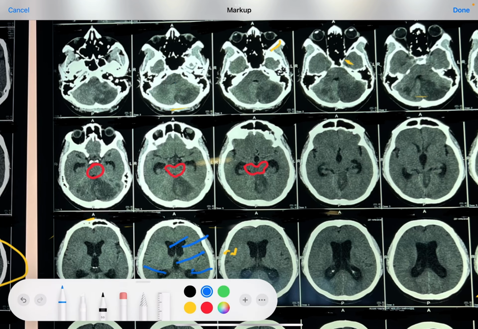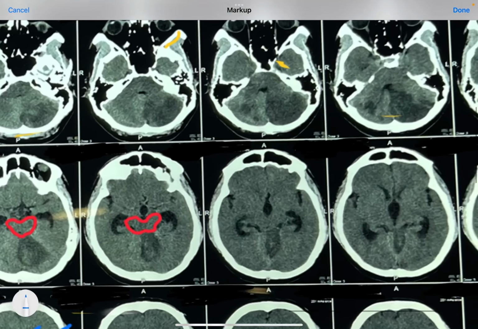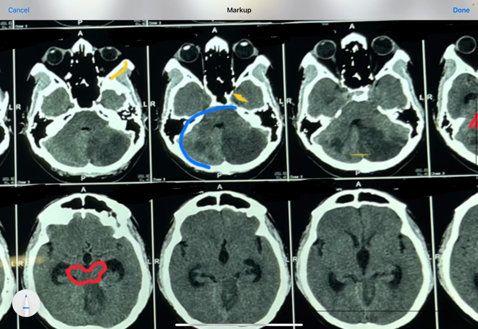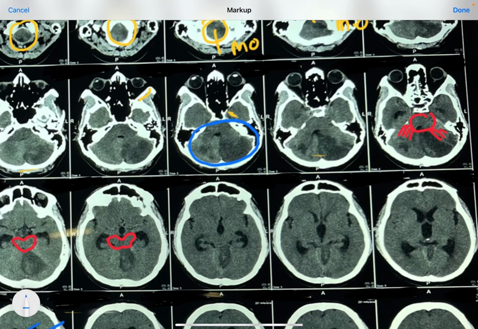In this case, if you look very clearly, this patient has significant hypodensity of the left cerebellar area, as well as multiple hypodense lesions in the right cerebellar area. We can also make out some hypodensity in the pontine area as well.